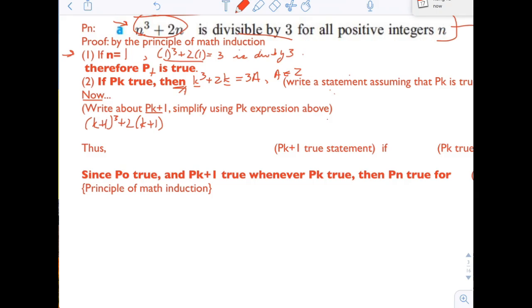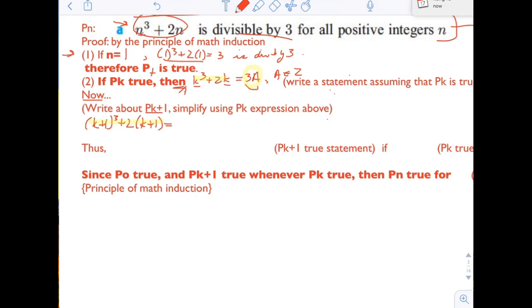And now what we want to do is we want to manipulate this with algebra until we get a statement where it's equal to 3a or something obviously divisible by 3. Now, in order to do that, we're going to try to make this look like this. If we can do that and replace it with 3a, then we're going to introduce 3a in there.